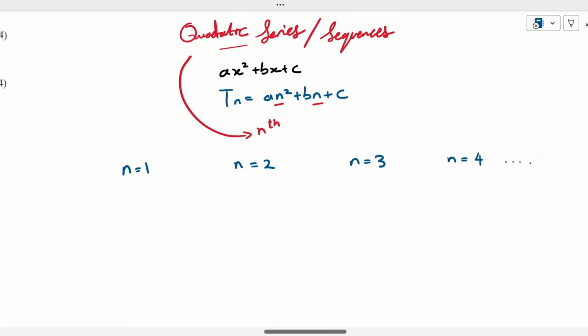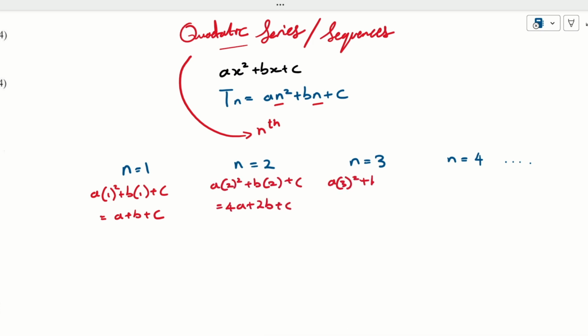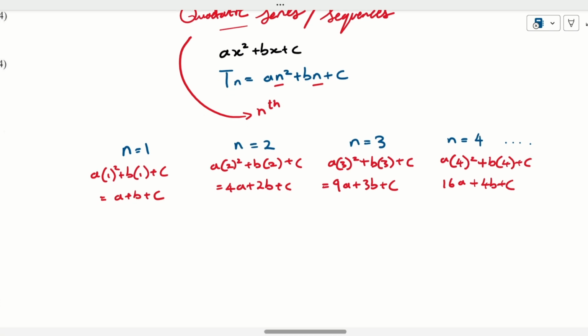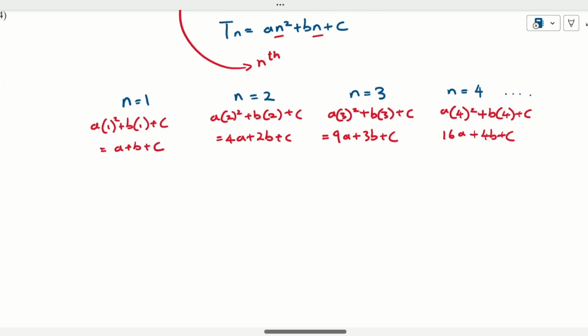Now let us substitute the values of n into the quadratic equation. Now we can find our first difference.